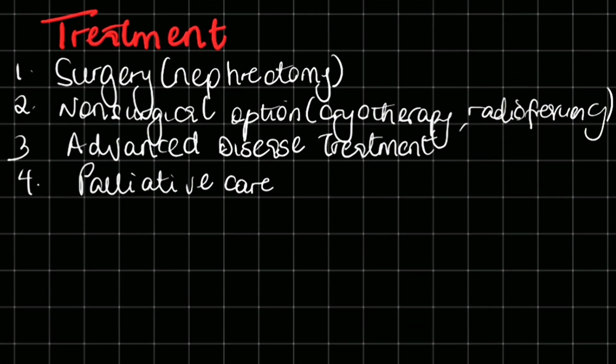For advanced disease, we have targeted therapies, whereby the patient uses tyrosine kinase inhibitors like sunitinib, and we have immunotherapy, whereby the patient uses checkpoint inhibitors like nivolumab. Then P is palliative care. Palliative care is to manage the symptoms in terminal cases.